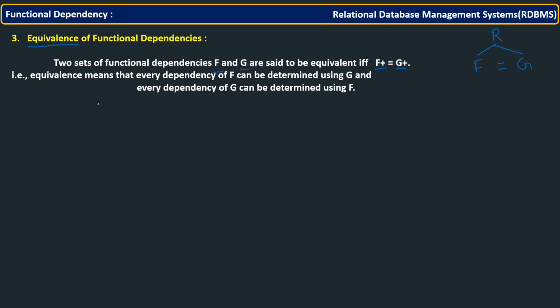Equivalence means that every dependency of F can be determined using G, and every dependency of G can be determined using F. So F equals G if and only if F covers G and G covers F, then that is equivalence. These statements we can understand very easily with a simple example.